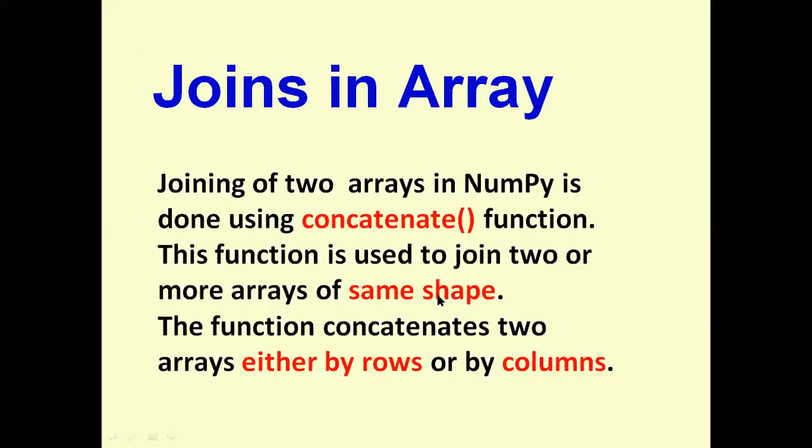So next, I'm explaining about joins. What is a join? It is a concatenation, just like a concatenation join in an array. Joining of two arrays in NumPy is done using the concatenate function. This function is used to join two or more arrays of the same shape, either by row or by column.